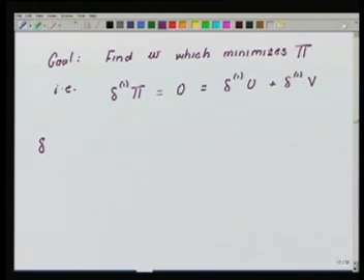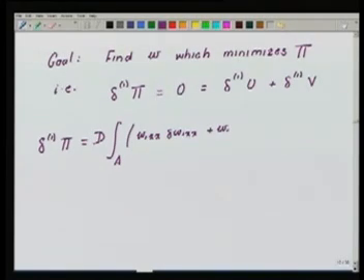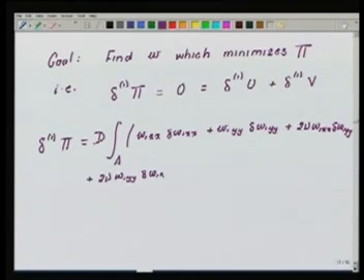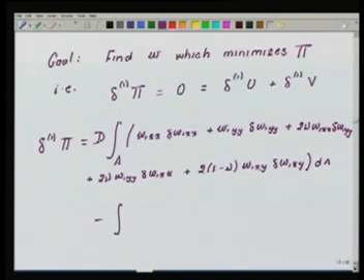So we'll end up getting delta pi is equal to integral over the area of D into w comma xx del w comma xx plus w comma yy del w comma yy plus nu w comma xx del w comma yy plus nu w comma yy del w comma xx plus 1 minus nu w comma xy del w comma xy dA minus integral over the area q del w dA.